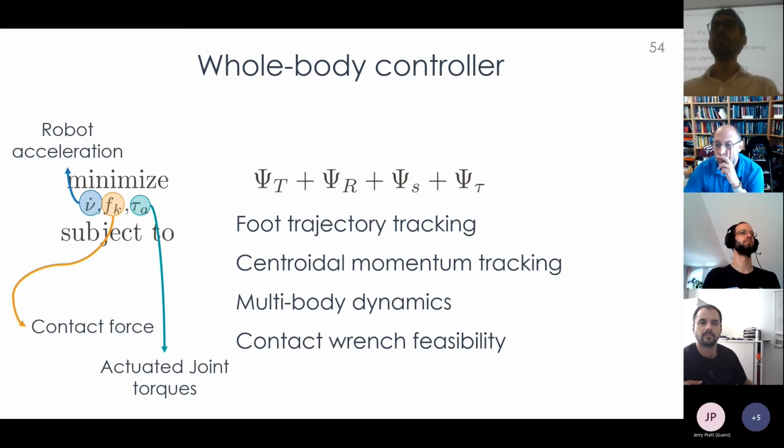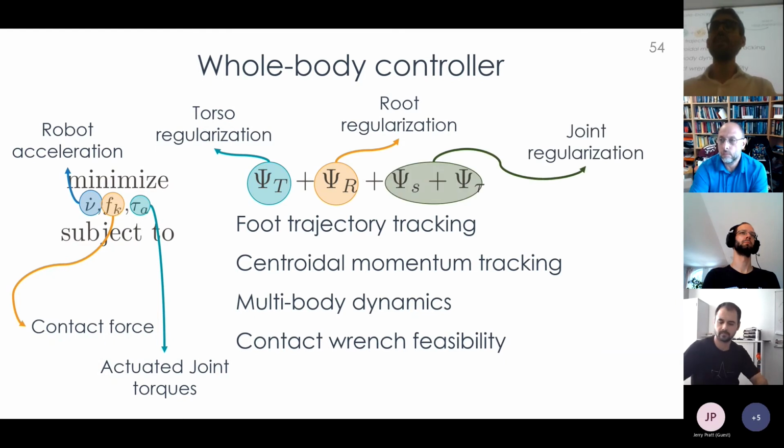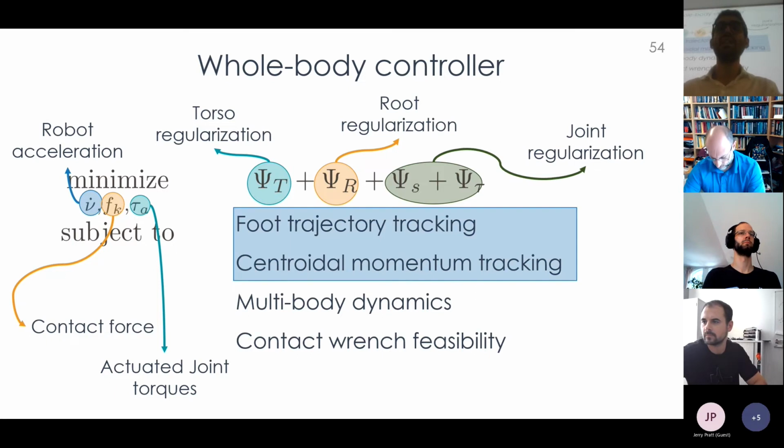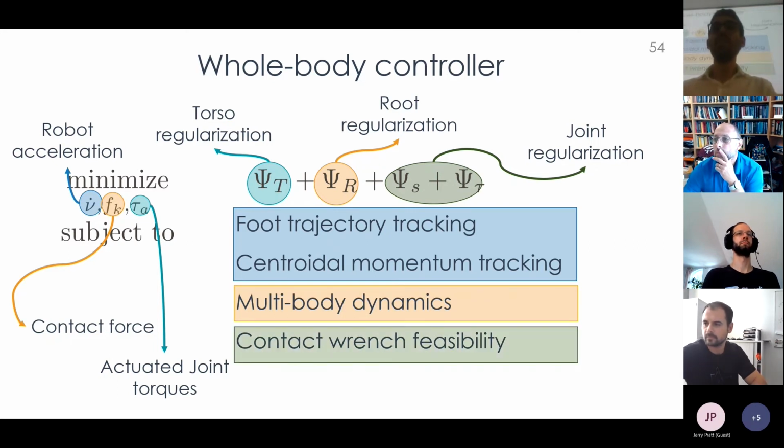This optimization problem tries to find the minimum of a cost function that contains a torso regularization task, a root regularization task, and some joint regularizations. We also have some high-priority tracking tasks: a foot trajectory tracking task and the centroidal momentum tracking. And then, of course, we consider the whole body robot dynamics and the contact feasibility.